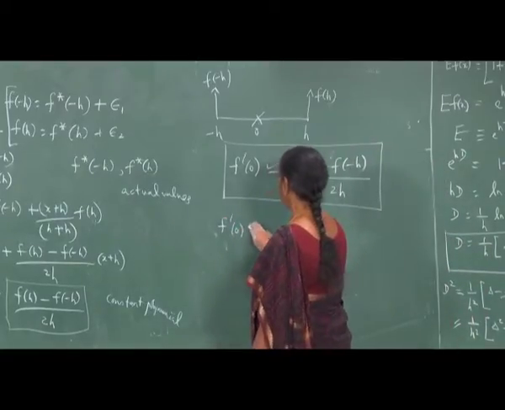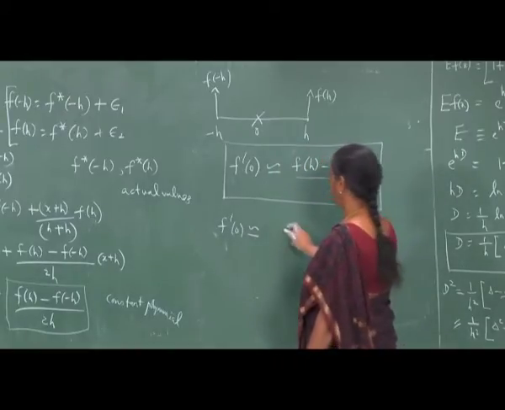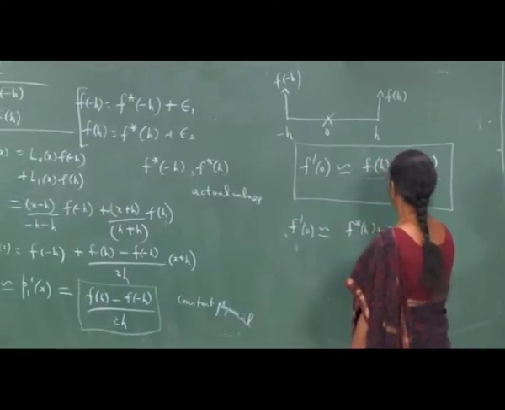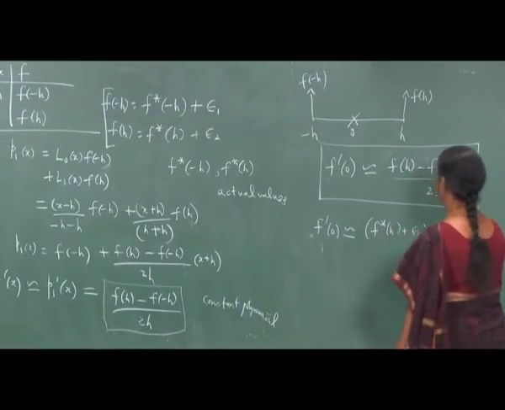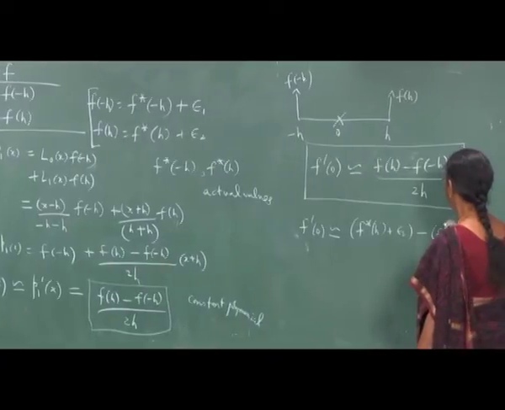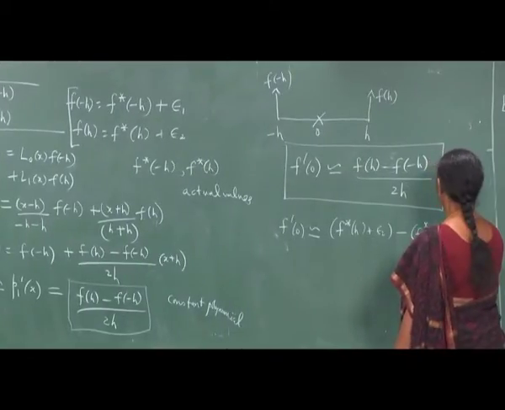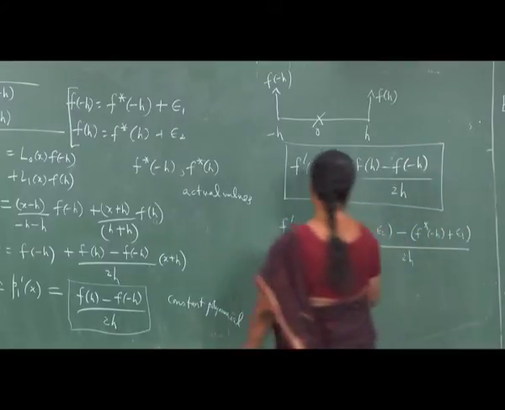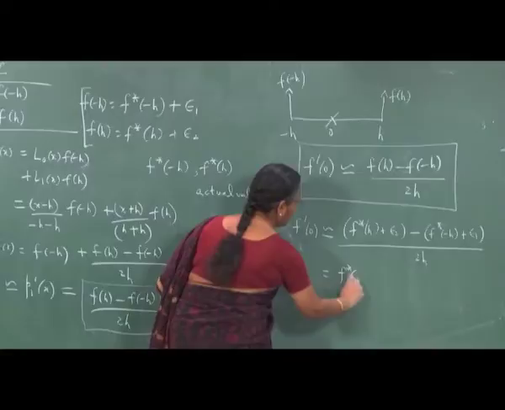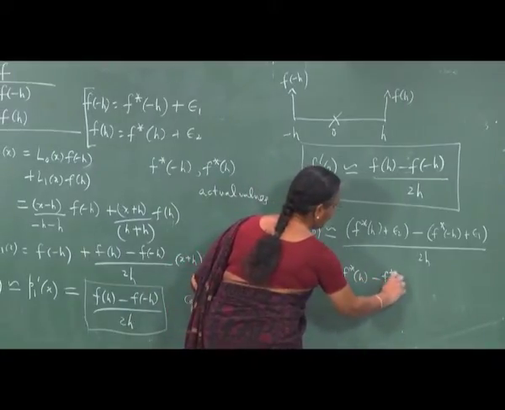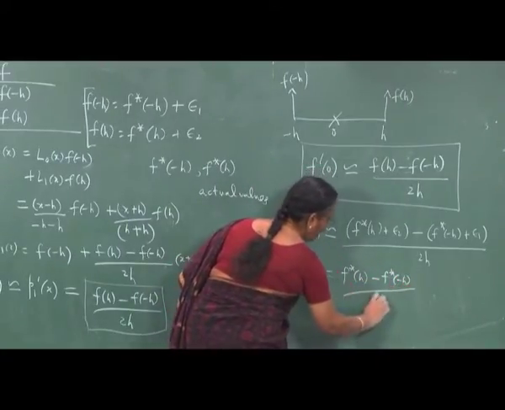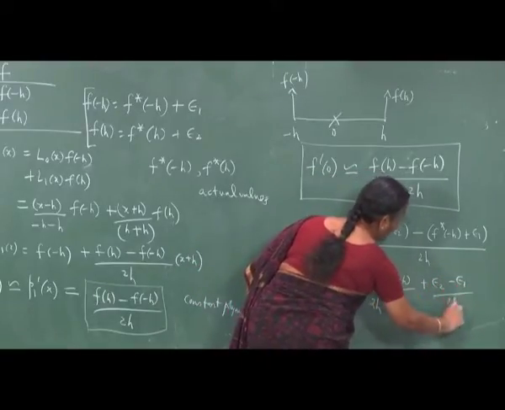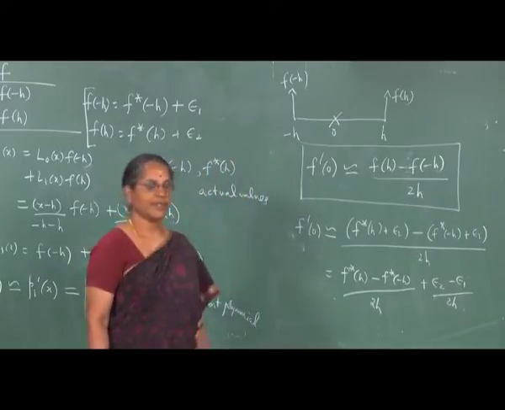So, f dashed of 0 is essentially estimated as, what is f of h? f star of h plus epsilon 2 minus f of minus h is f star of minus h plus epsilon 1 divided by 2h. So, this is f star of h minus f star of minus h divided by 2h, then plus epsilon 2 minus epsilon 1 divided by 2h.